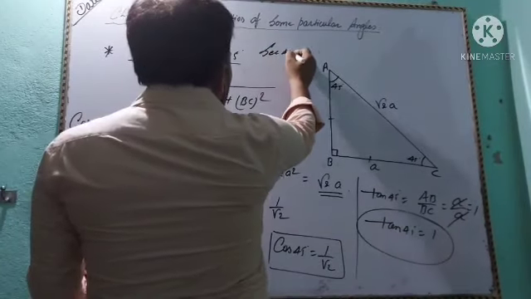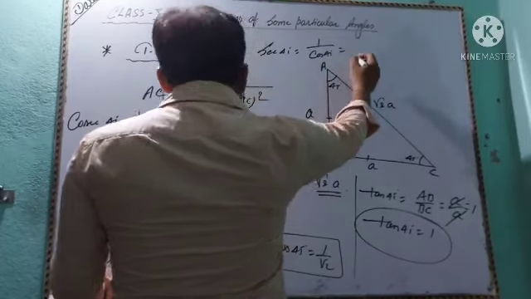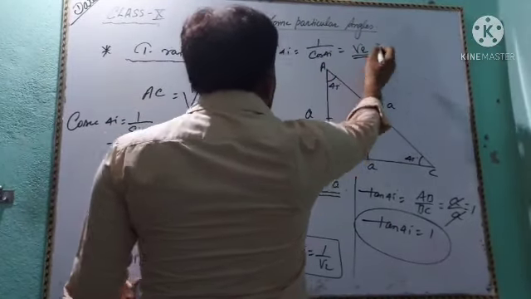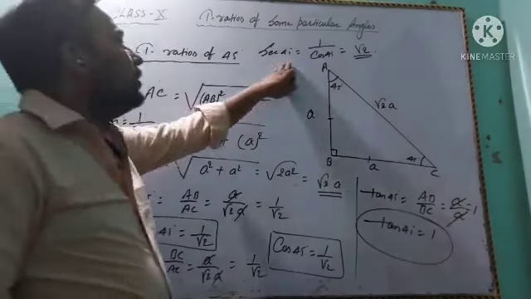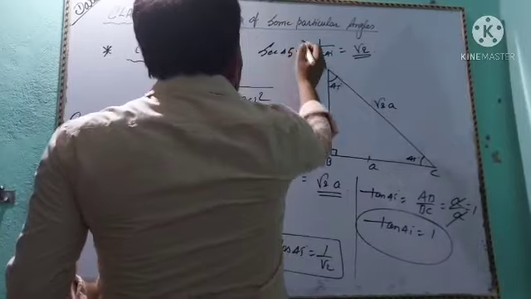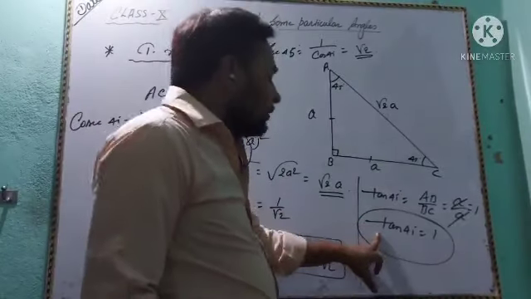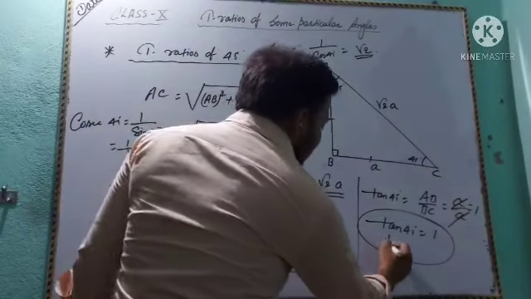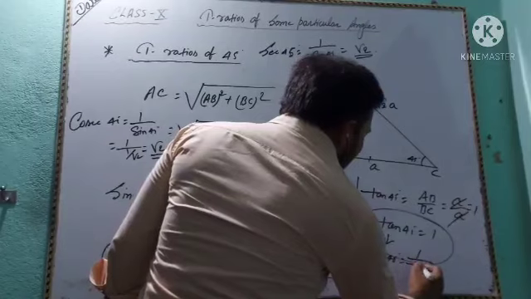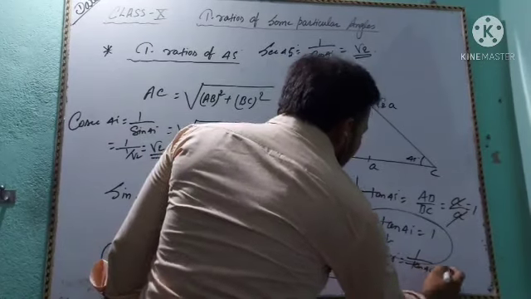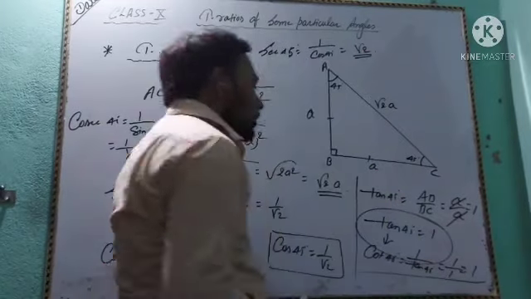Sec 45 degree is 1 by cos 45 degree, that is root 2. So the value of sec 45 degree is also root 2. The reciprocal of tan 45 degree is cot 45 degree. Cot 45 degree is 1 by tan 45 degree, that is 1 by 1, that is 1.